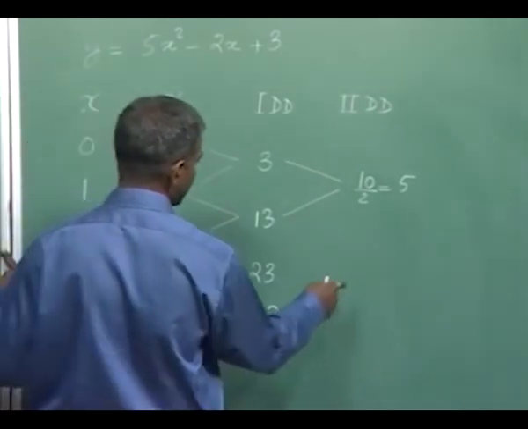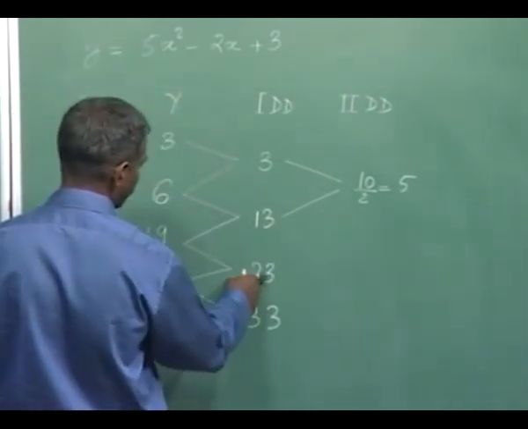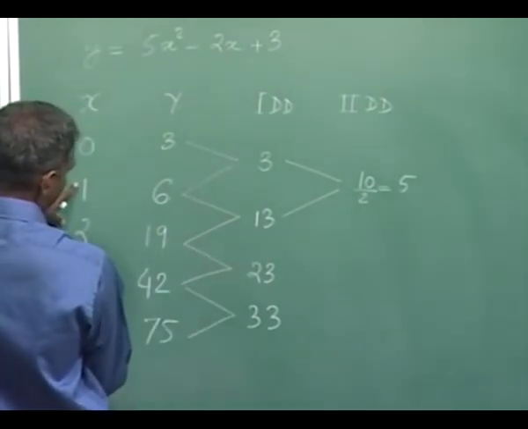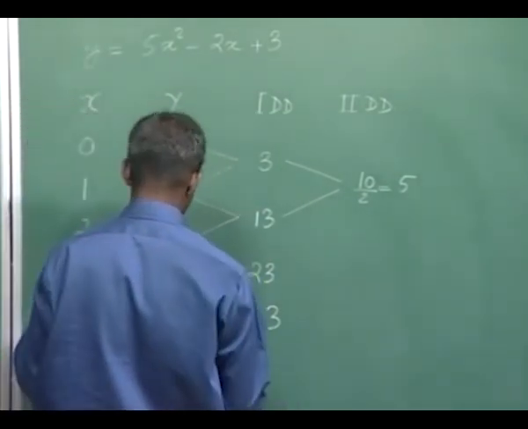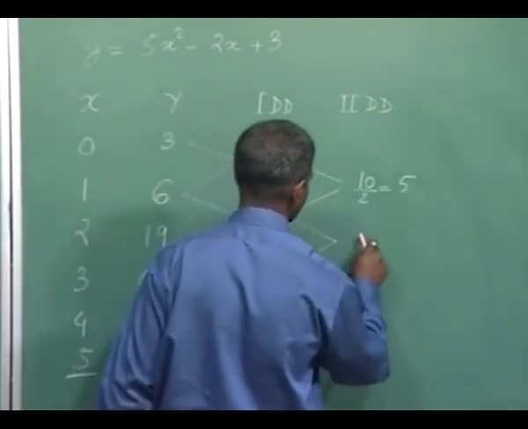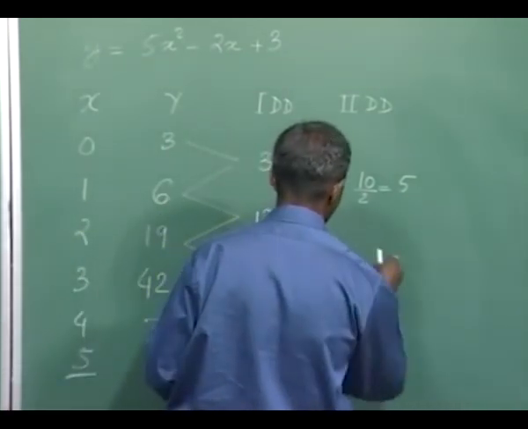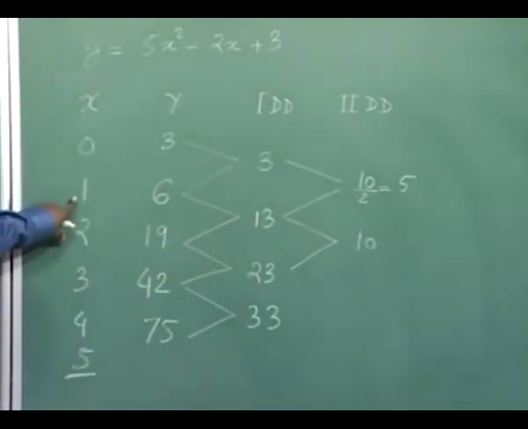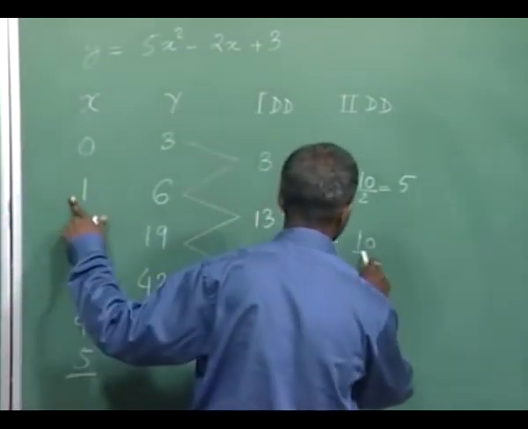How about the second divided difference corresponding to this information here? So this will be 23 minus 13, which is again 10 over 3 minus 1, which is 2.